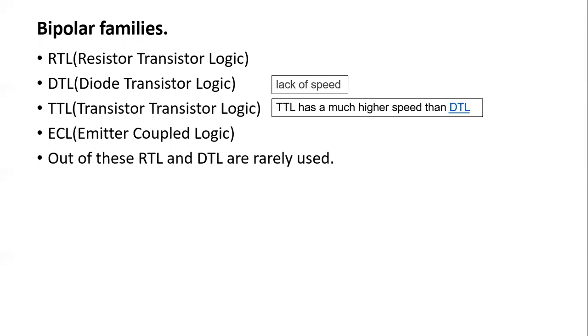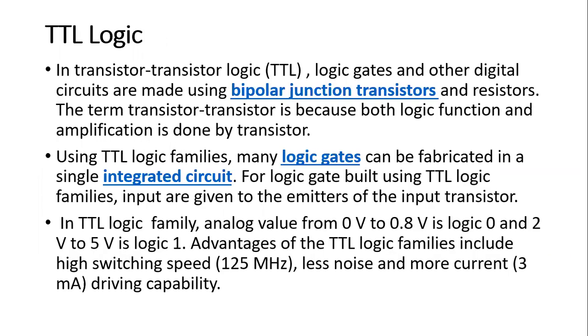TTL is preferred more. Why is it preferred? Because the switching speed is higher. We can get a better response. So all the drawbacks that RTL and DTL were having were taken care of by TTL and ECL. So TTL is the most preferred when we talk about the bipolar families. So now what is TTL logic?